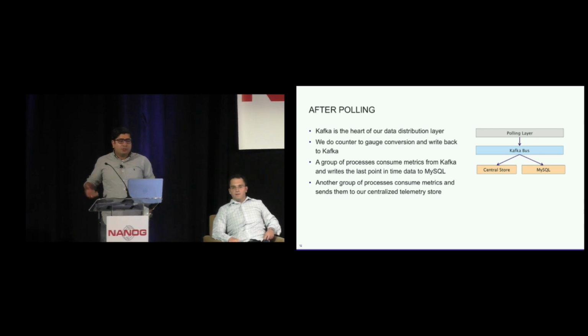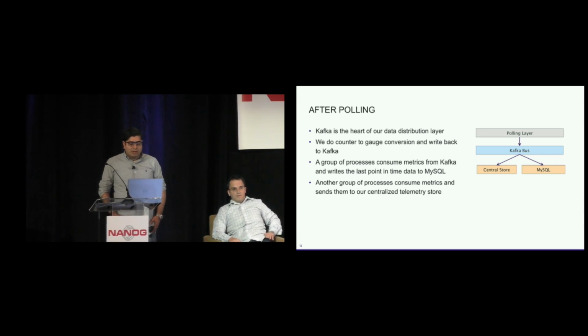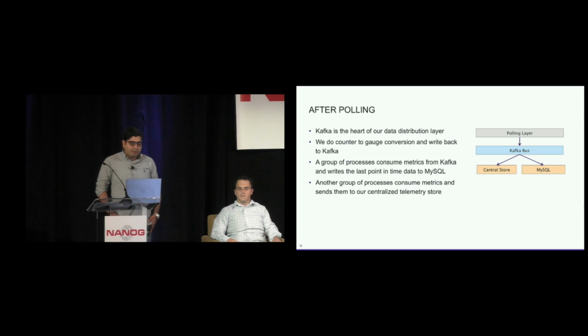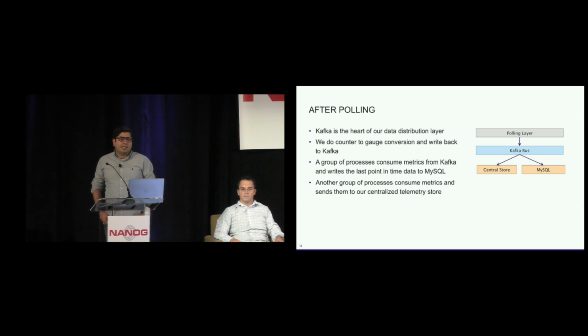Now, one of the things we do with the data is that we convert interface counters in real time to rates, because obviously that's a very common use case in network telemetry. The traditional way of calculating rates has been to take a data point, store it, get the next data point, fetch it back, calculate the value difference divided by the time difference, and then come up with a final rate.